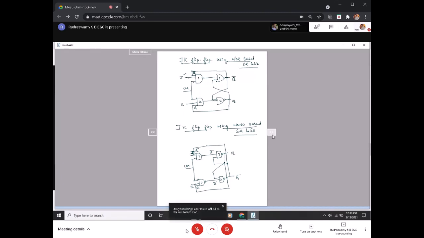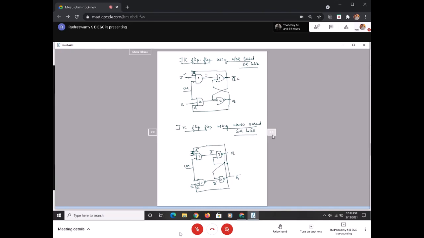This is NOR. And again, can we construct a CMOS circuit for this JK flip-flop? Yes or no? Okay, how to get that? Again, by using the expression, what is Q bar?